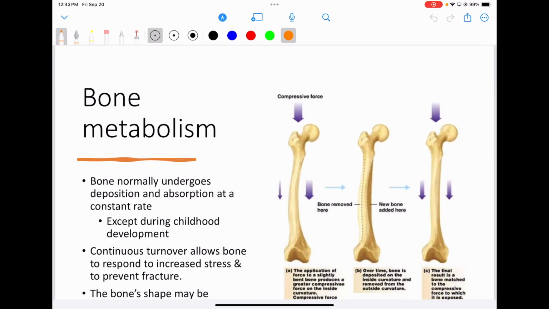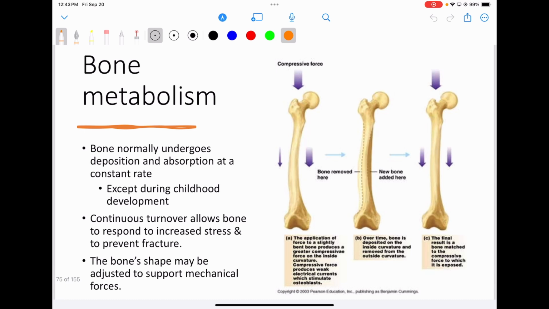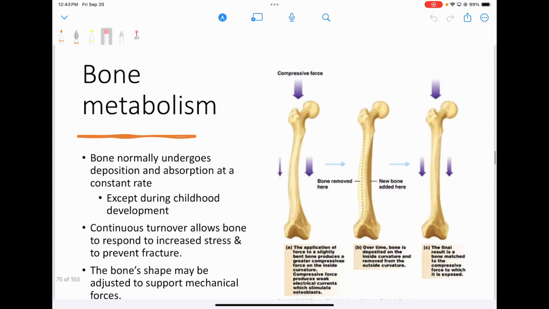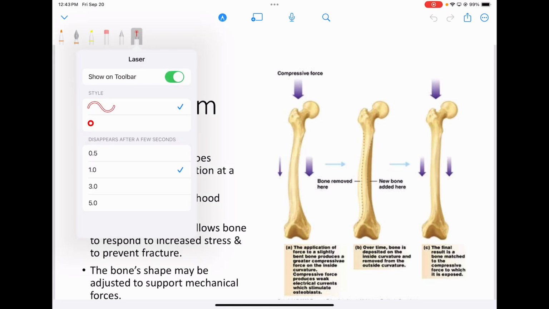As we're walking, as we step and bear weight, the forces are going straight down via gravity, through the legs into the feet. What this is saying is when we have unequal forces, if you see the thickness of these arrows, it's very thick on the right side.